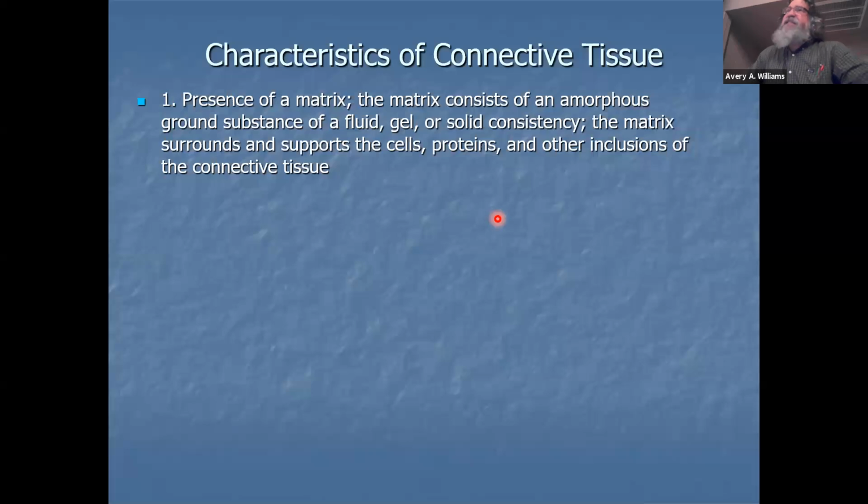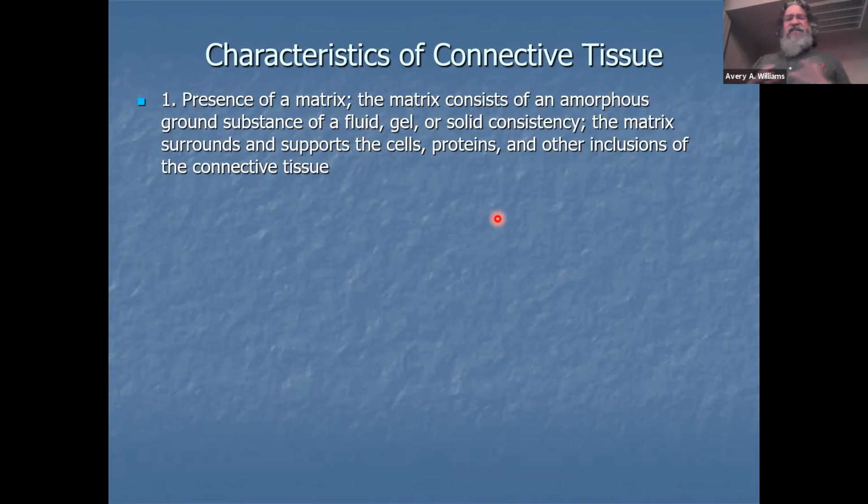So basically, it's all the area and stuff included outside of the cells. We say amorphous ground substance, which is a fancy description. It just doesn't really have a consistent shape, but it's what things are contained in.